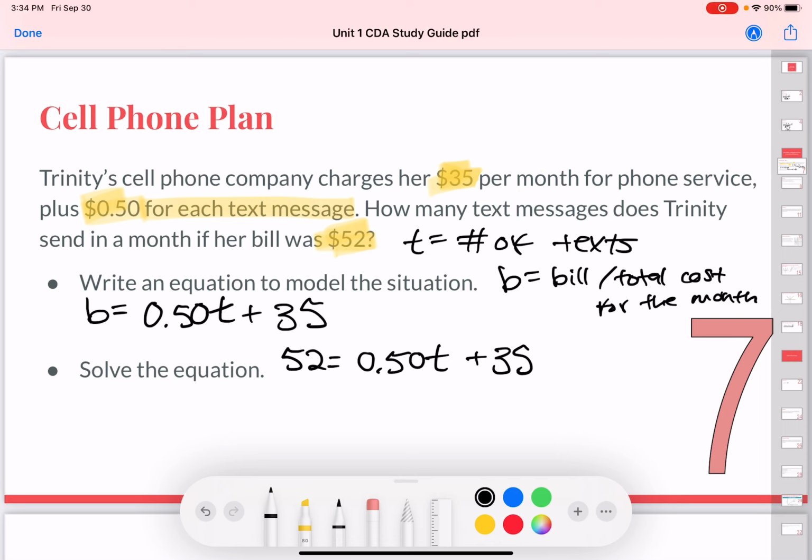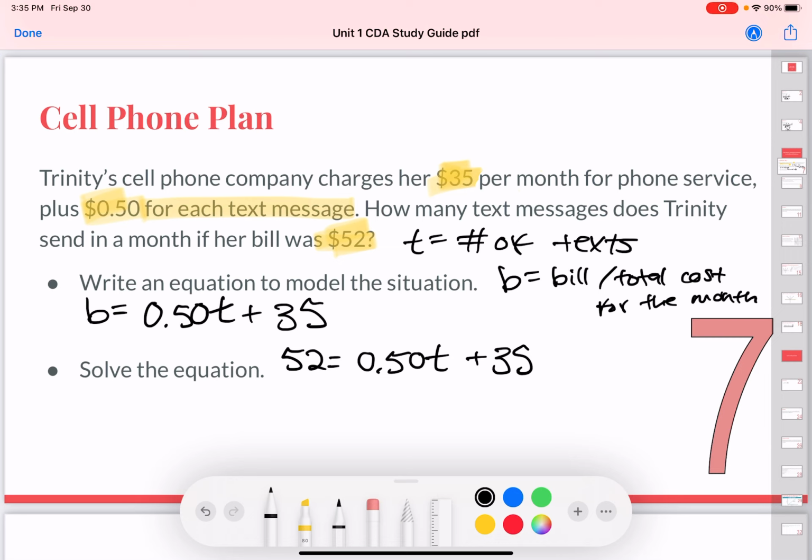So in order to get T by itself, first of all, the two things in my way of having T by itself are 0.50 and 35. And I'm going to deal with addition and subtraction first, then multiplication and division second.